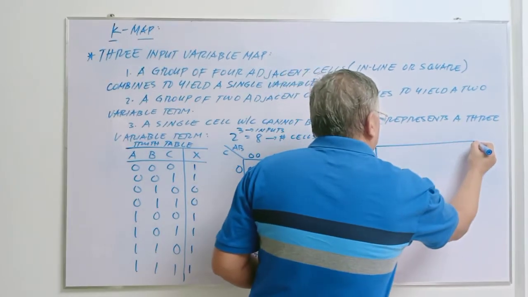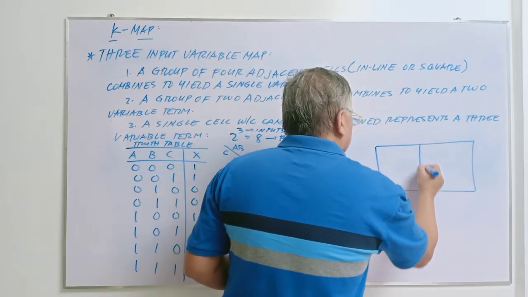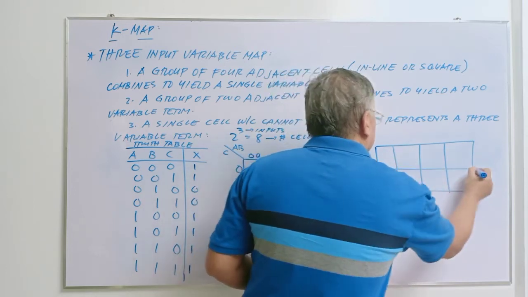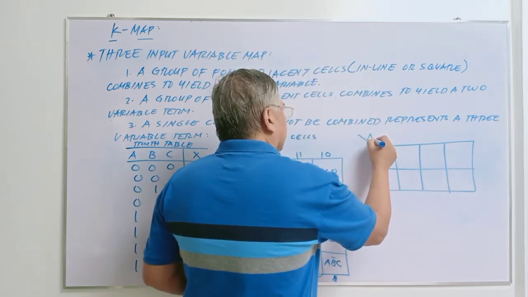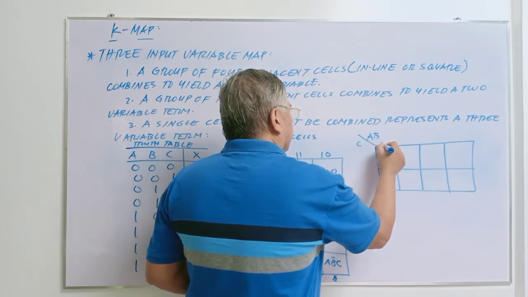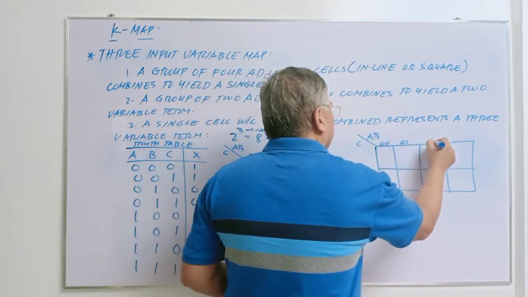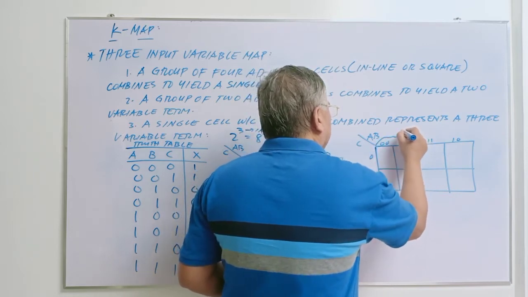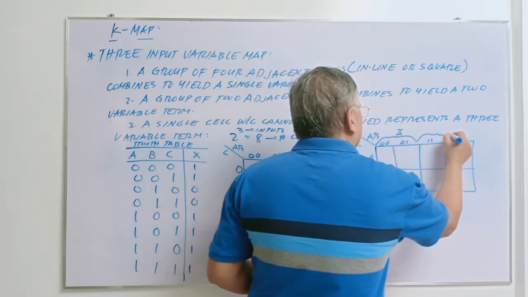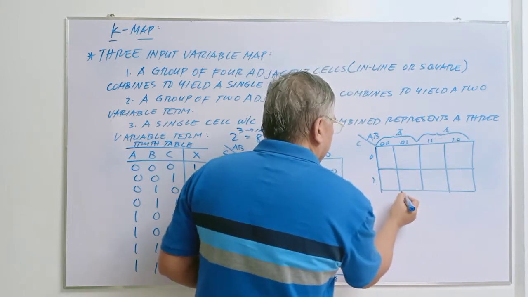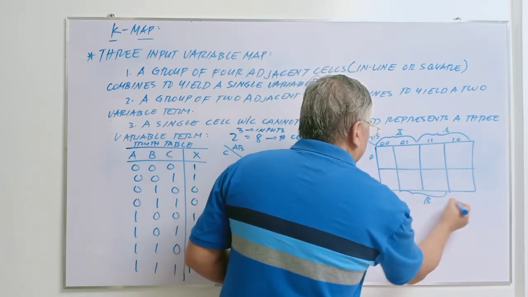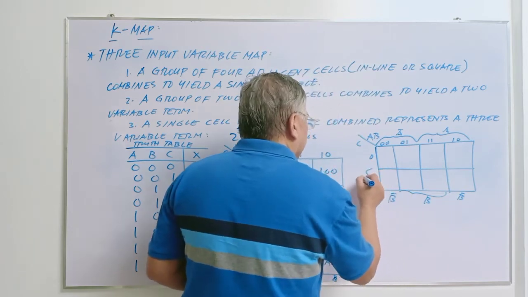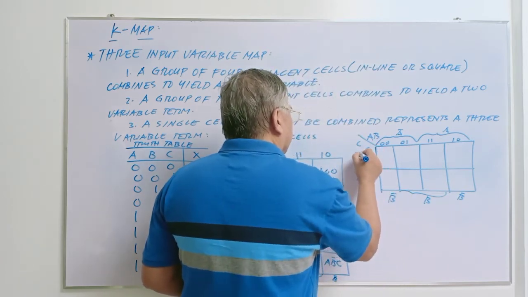So we make again a map with 8 cells. Again, this is under A bar, A, B, B bar, B bar, C, and C bar.